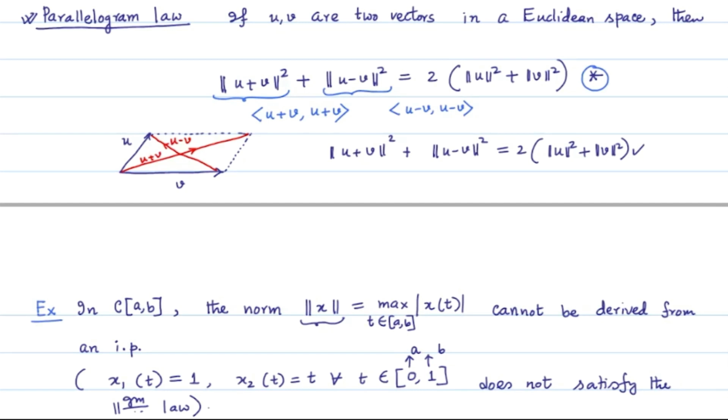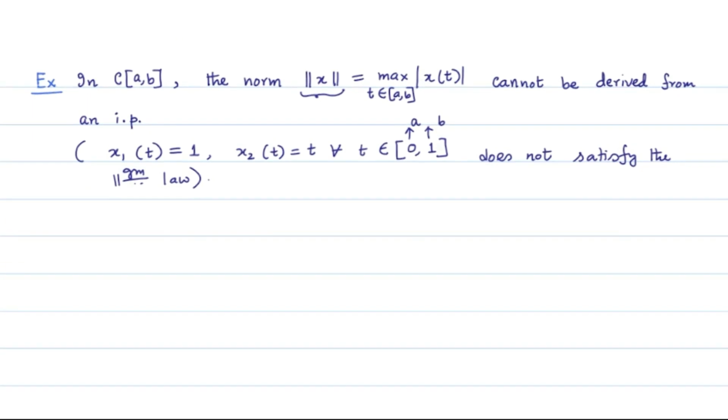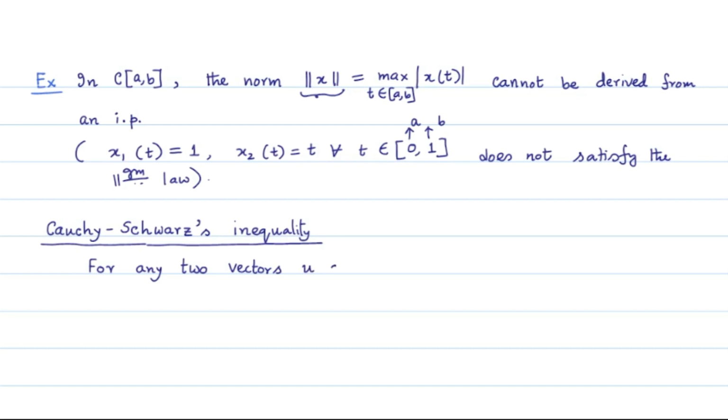We shall wrap up this section on inner product and norm by mentioning one of the widely used inequalities in optimization, that is the Cauchy-Schwarz inequality, or more appropriately the Cauchy-Bunyakovsky-Schwarz inequality, which states that for any two vectors u and v in a Euclidean space, the modulus of the inner product of u and v is less than or equal to norm u times norm v.